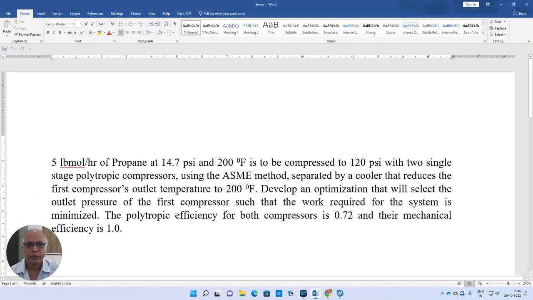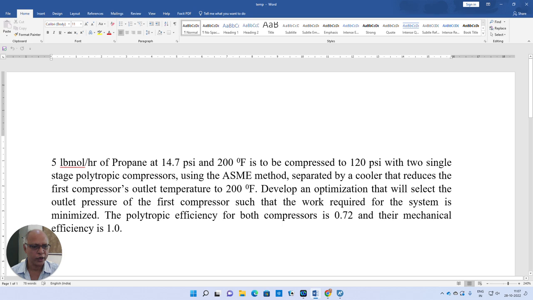Yeah, good morning. In this session, I would like to demonstrate the use of the optimization toolbox in Aspen. As you can see from this problem statement, propane needs to be compressed from 14.7 to 120 psi with two single-stage polytropic compressors separated by a cooler that reduces the first compressor outlet temperature.